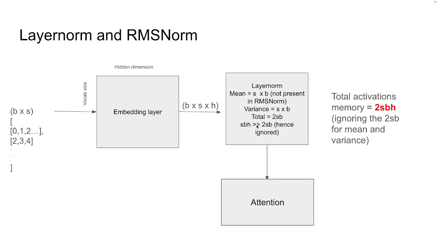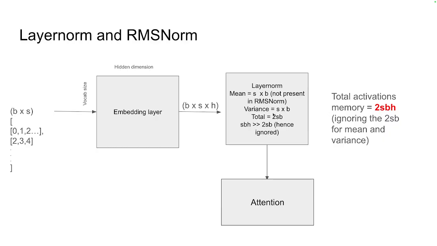But for our calculation, we'll be ignoring the mean and variance, as the hidden size is generally much larger compared to the factor 2 here. So we'll be just considering 2SBH. And to calculate memory, we'll be using BF16, which has 2 bytes, hence the factor 2 here.